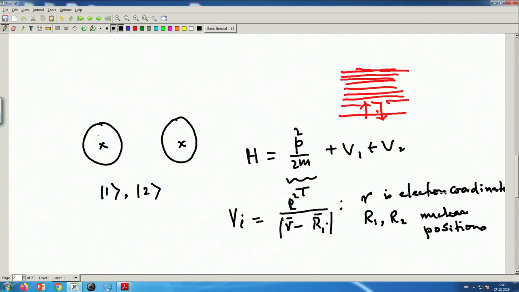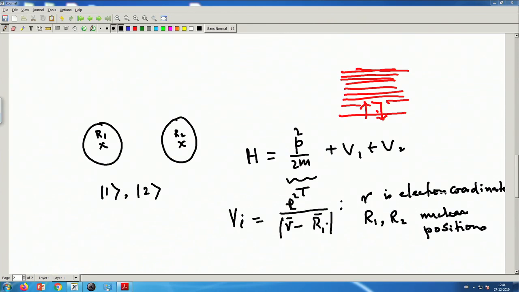So, V 1 is the Coulomb interaction of the electron at r with the nucleus 1 at R 1, and V 2 is the Coulomb interaction of the electron at r with the nucleus 2.